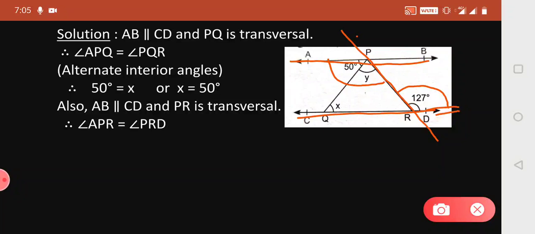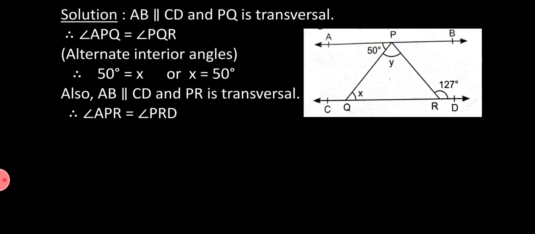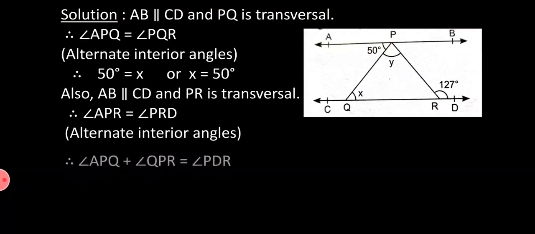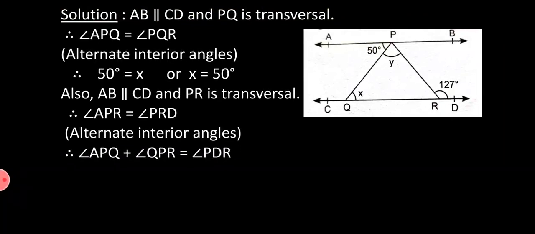And we can see in the figure that angle APR is nothing but 50 degree plus y. So we write further 50 degree plus y equal to 127 degree.